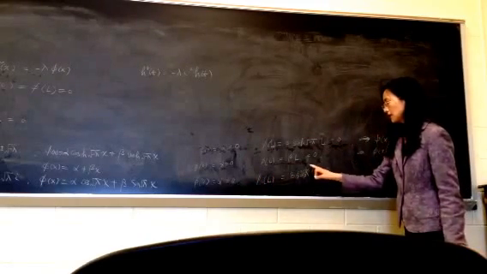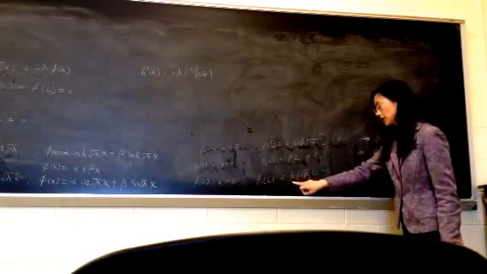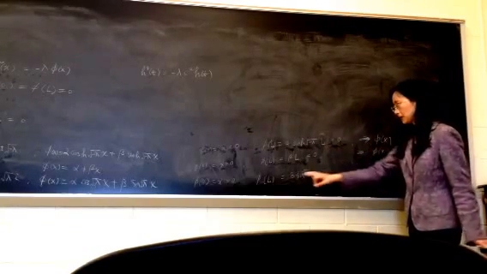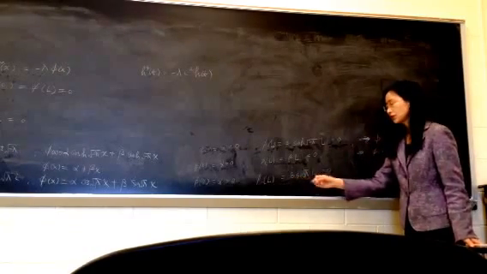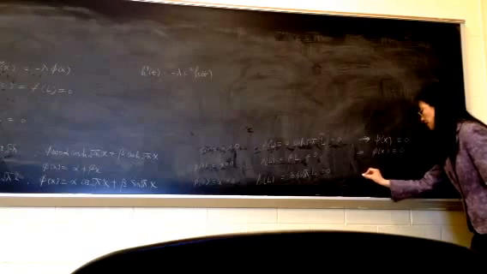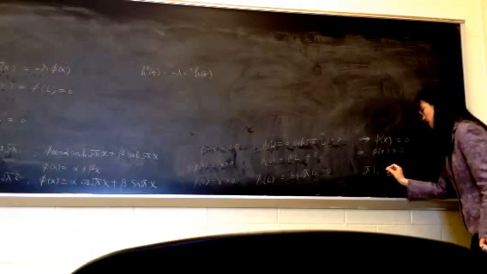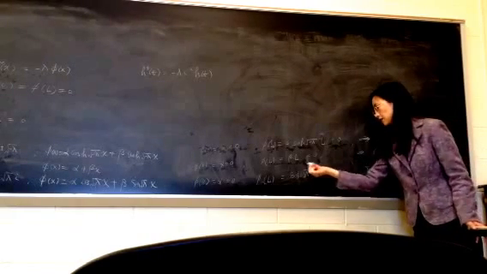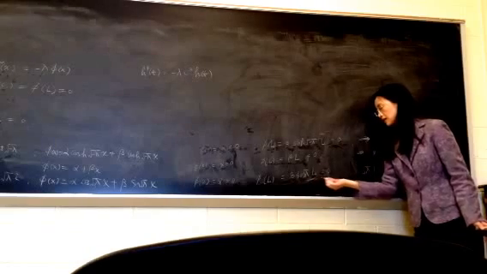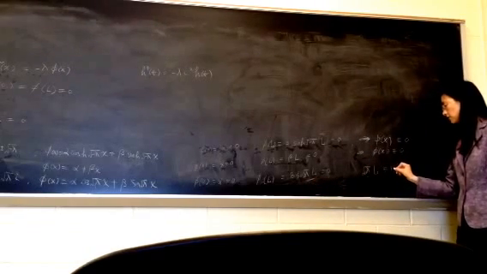So we get n pi, right? If that's 0, of course you get a trivial solution, but we don't want beta to be 0. So we can require the sine value to be 0. That means as long as this is a multiple of pi.